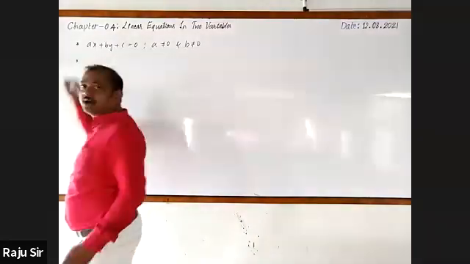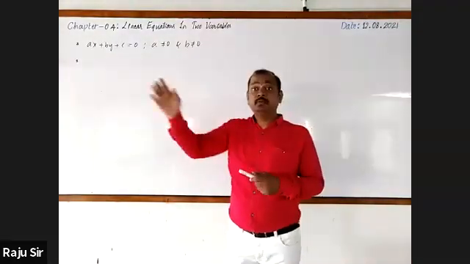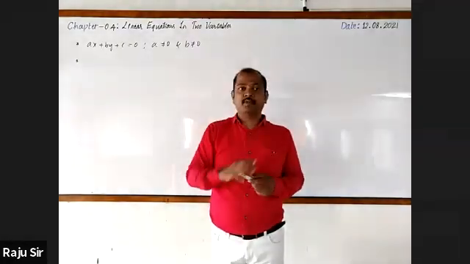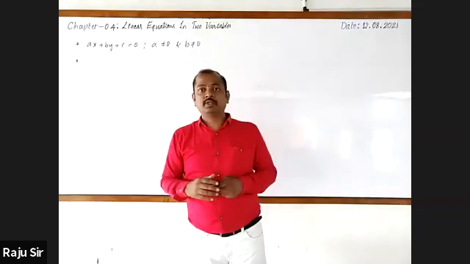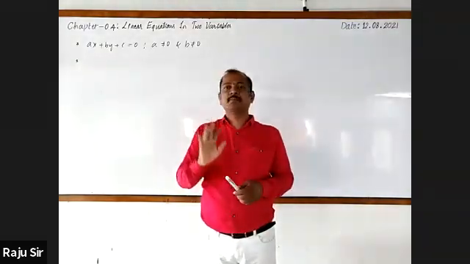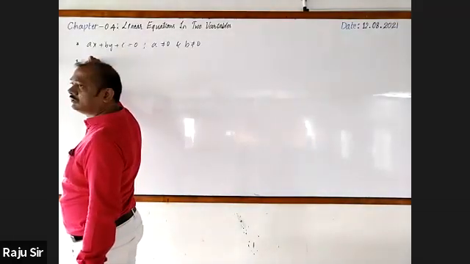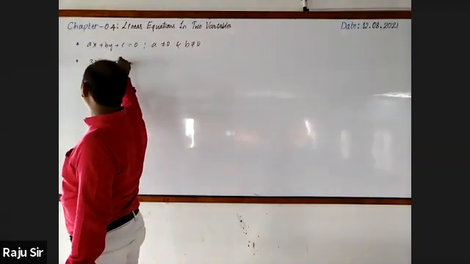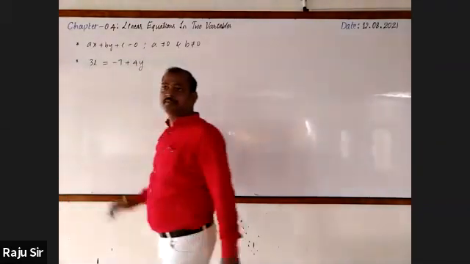Next, we took some equations and we wrote them in the general form. After writing, we found out the values of a, b, and c. A simple question: 3x is equal to minus 7 plus 4y.